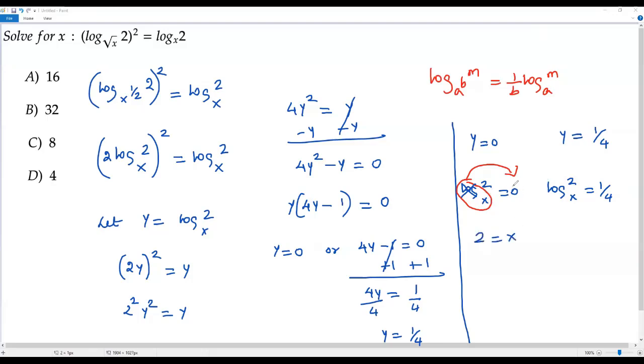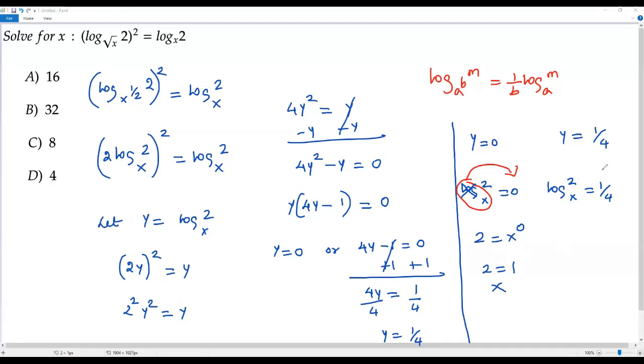The value which already exists on the other side becomes the exponent of this base x. On the left side, we just have 2. So 2 equals x to the power 0, and anything to the power 0 is just 1. So 2 equals 1, which is a false statement. So we have to ignore the first equation.